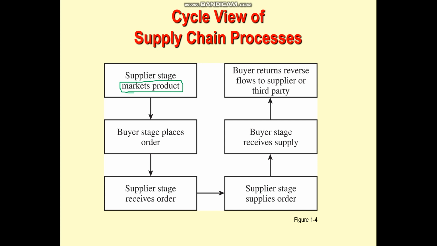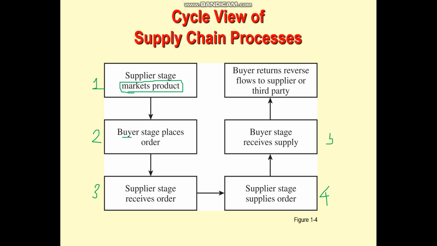The second stage is the buyer places orders. Then the third one, the supplier receives the orders from the buyers. After that, the supplier will provide the orders to the customer.